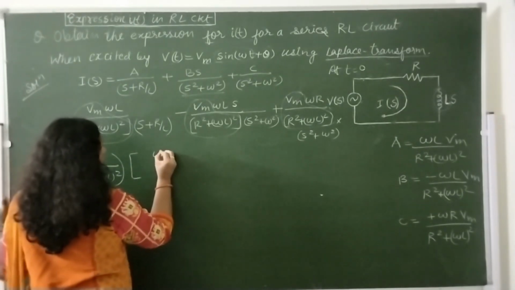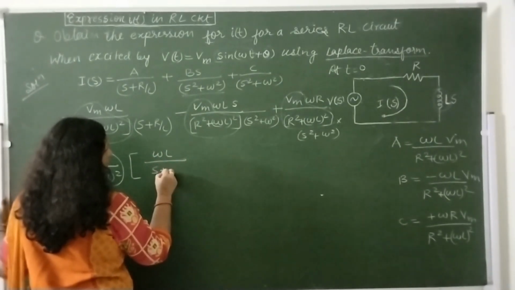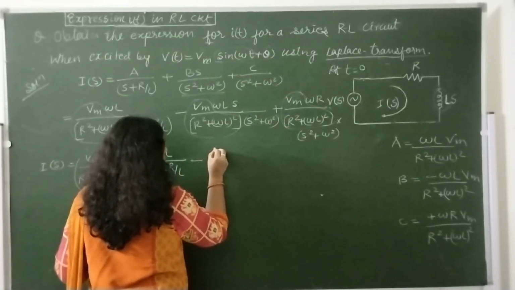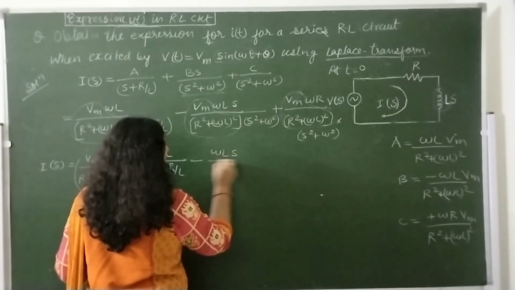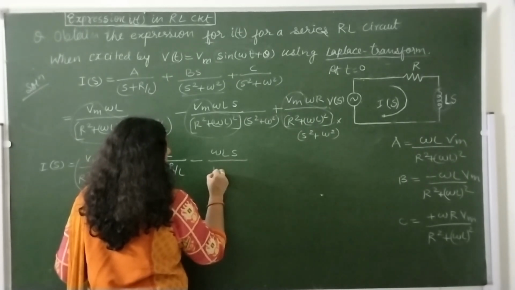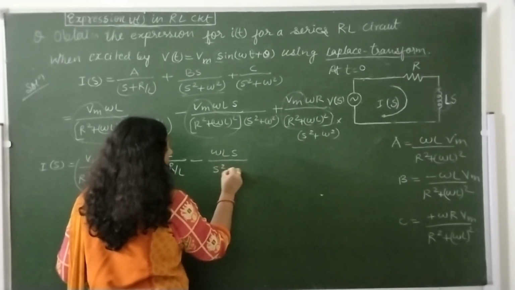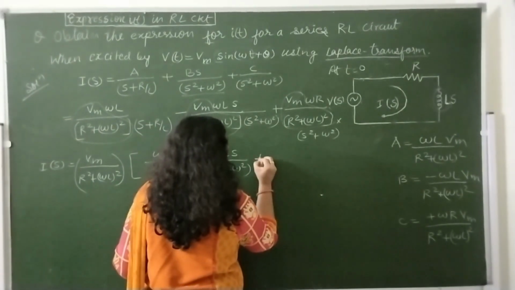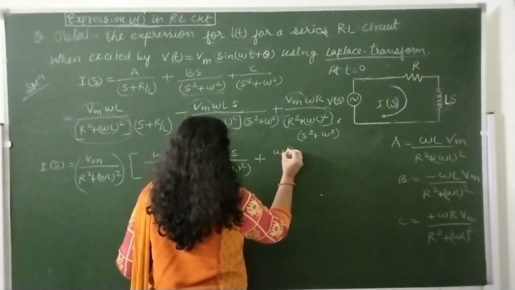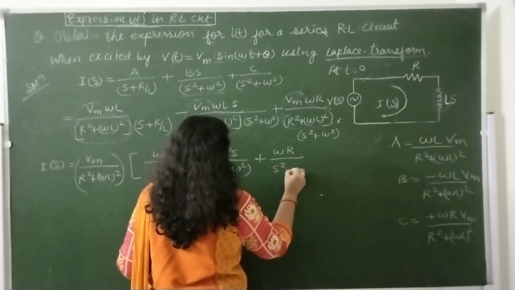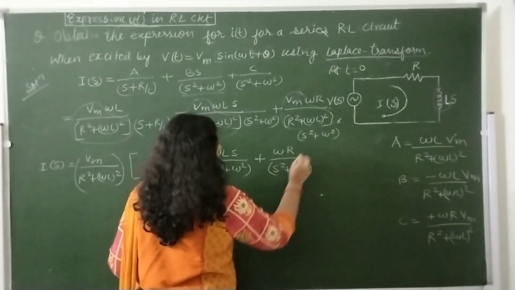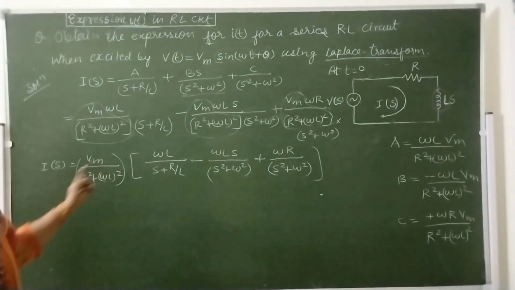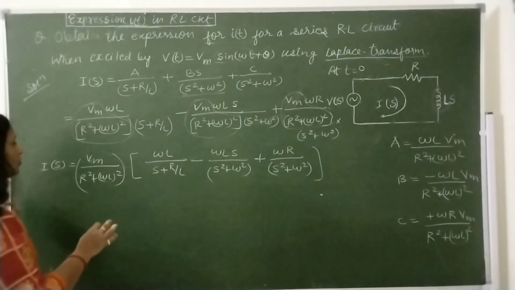The first term is omega L divided by s plus R by L. The second term is omega L into s divided by s square plus omega square, and the third term is omega R divided by s square plus omega square.